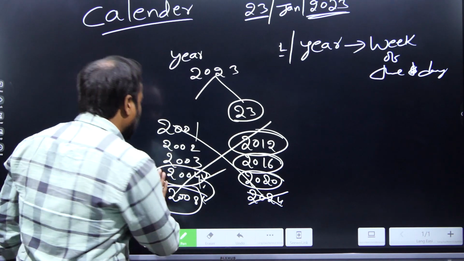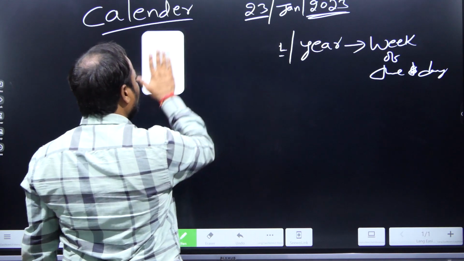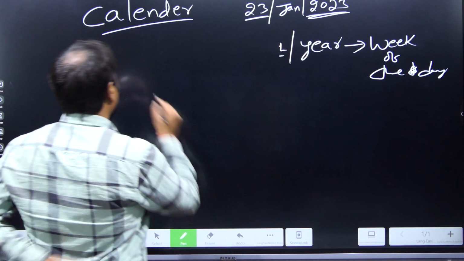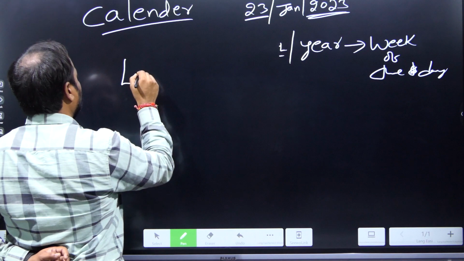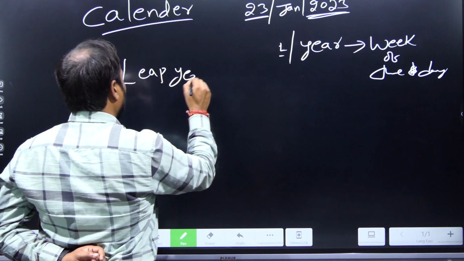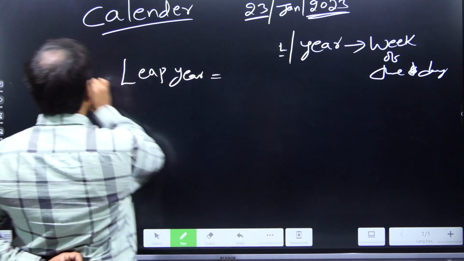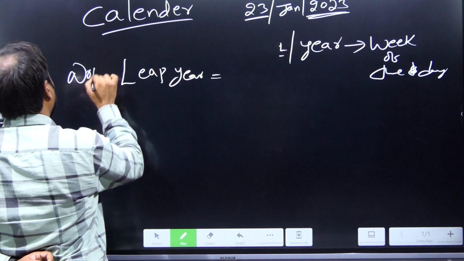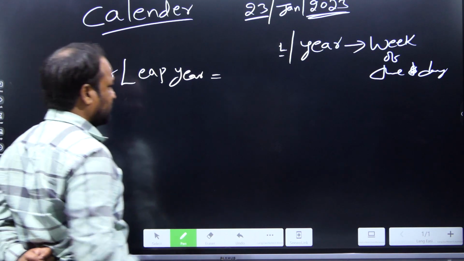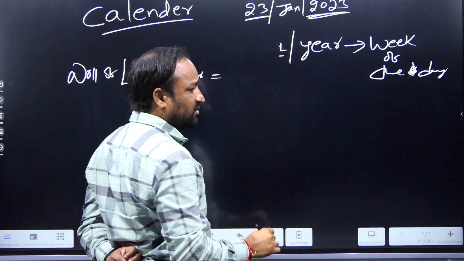So here there is a shortcut to find the leap years. Now we are writing the number of leap years. For finding the number of leap years, we have to consider the given year.